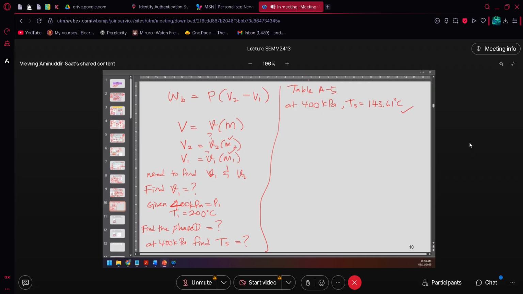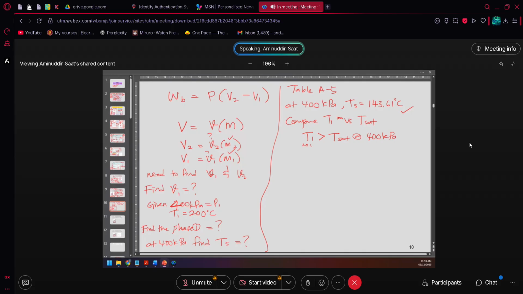So then what do you do? You compare T1 versus T saturation. You can see that T1 is 200, and T1 is greater than T saturation at 400 kilopascal, because T saturation is 143.